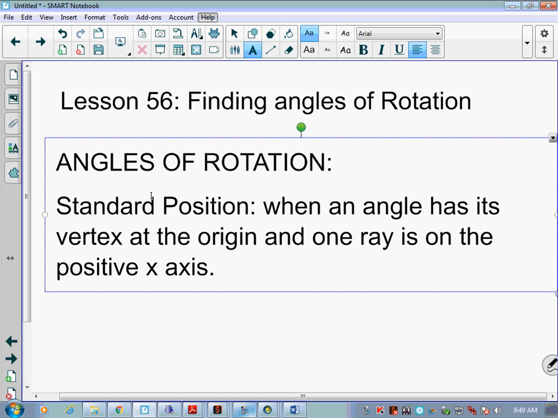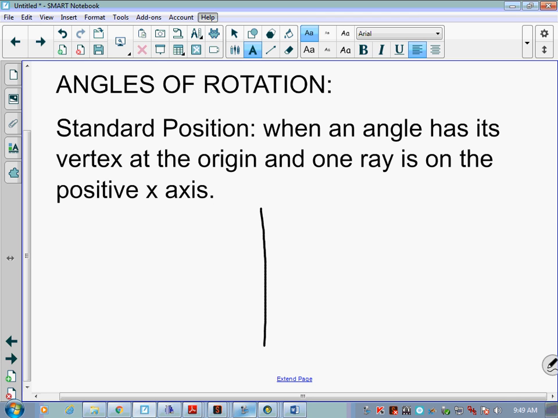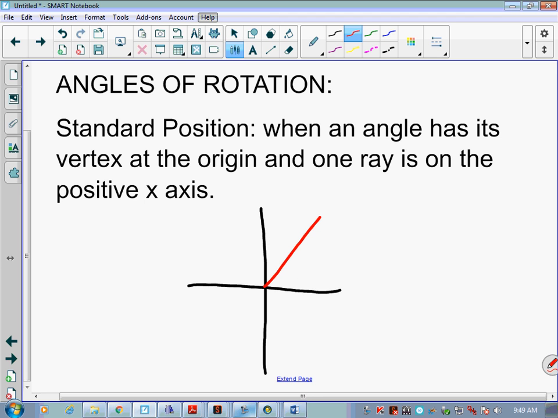Angles of rotation. When an angle has its vertex at the origin and one ray is on the positive x-axis, what that'll look like is this. We've got our x and y axes, and let's get our angle. So standard position would be something like this. The vertex is at the origin, and one ray is on the positive x-axis.